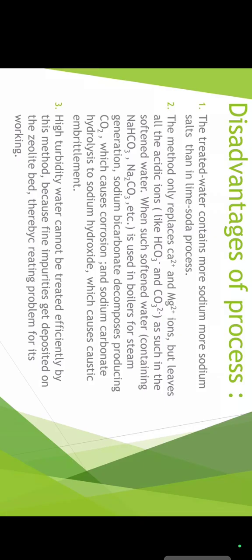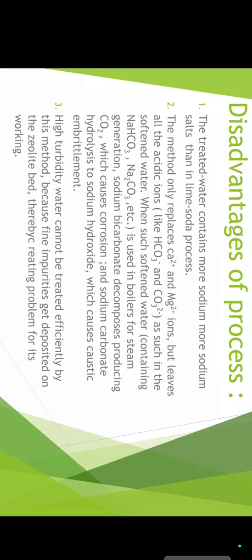Third, the softened water contains more dissolved sodium salts like sodium bicarbonate and sodium carbonate. When such water is boiled in a boiler, calcium carbonate, carbon dioxide and sodium hydroxide are produced, resulting in boiler corrosion and causing embrittlement.